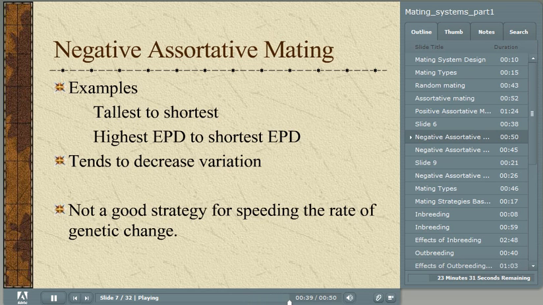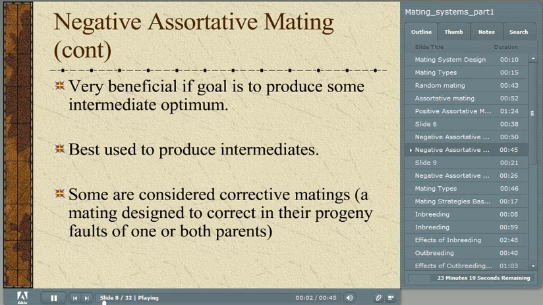This tends to decrease variation, but it's not a good strategy for speeding the rate of genetic change. However, it is good if your goal is to produce some intermediate optimum, and so this is the type of mating strategy we might use.